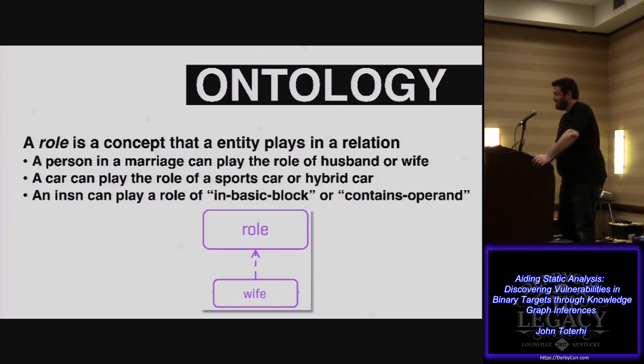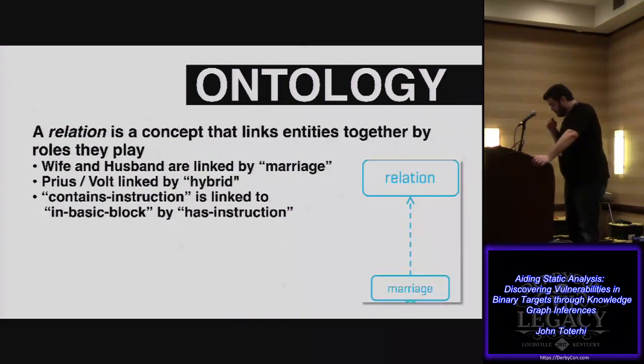It gets a little bit more nebulous when you think about our use case, because an instruction can play the role of in-basic block or contains operand. What the heck does that mean? Well, it's kind of arbitrary. We set these roles, we set these terms, so they're for us to decide. And what we're saying here is an instruction can play the role of basically belonging to a basic block or having an operand. That gives us two edge nodes or two roles to link to either the basic block that we're sitting in or the operands that are in us, right?